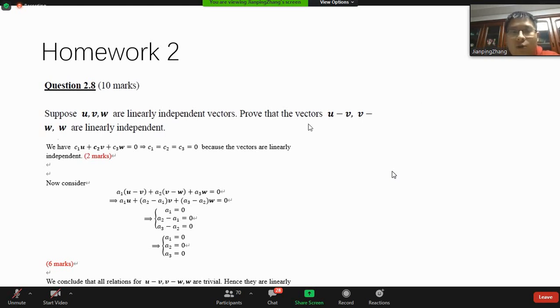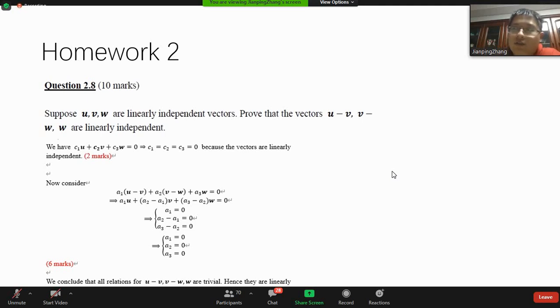And for the vectors U minus V, V minus W, and W to be linearly independent, you can follow the same steps. You write down the coefficients for them, say A1, A2, and A3, and try to solve the equations. You need to prove they are linearly independent, so you just need to show that the coefficients can only be 0.